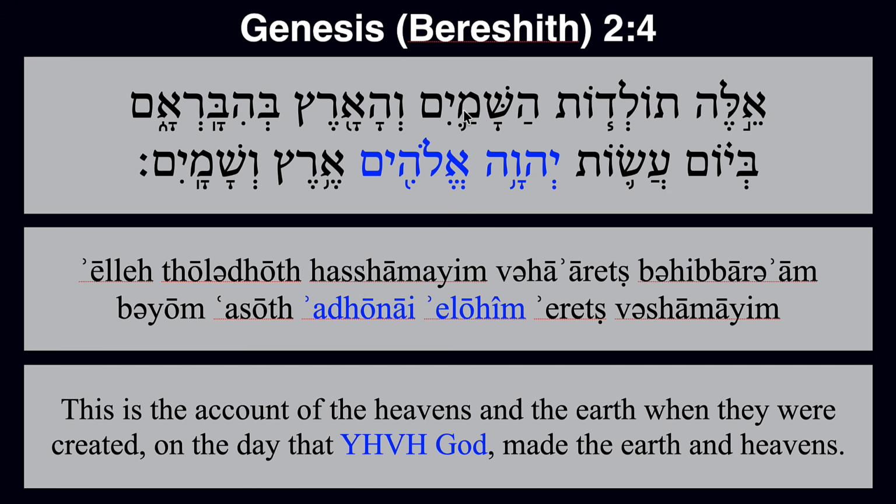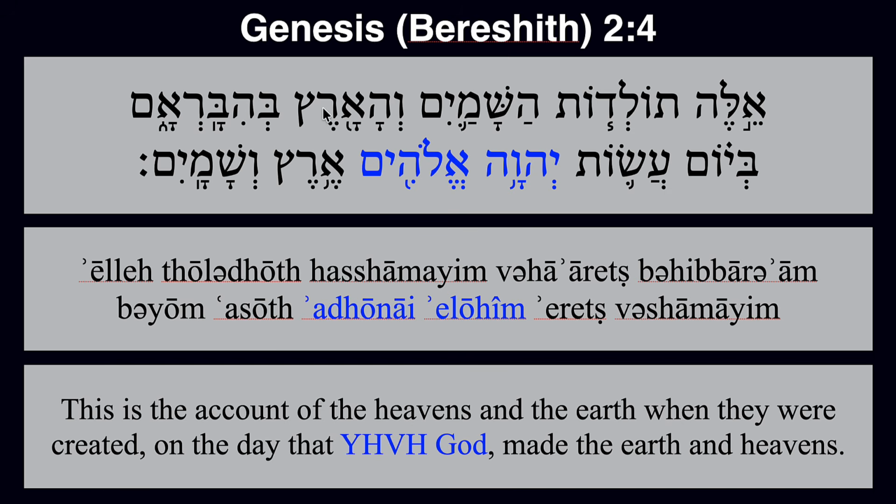So these are the generations of the heavens and the earth in their creation, on the day Hashem Elohim made earth and heavens. Notice there is a hey missing here. There is no definite article, whereas there is a definite article previously.